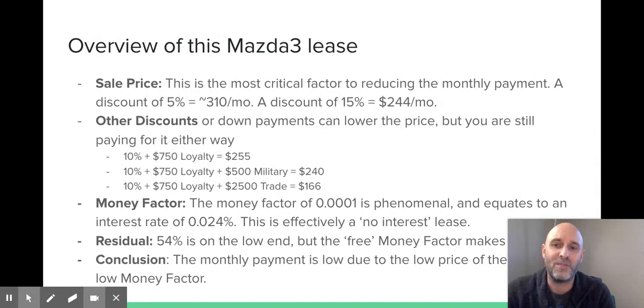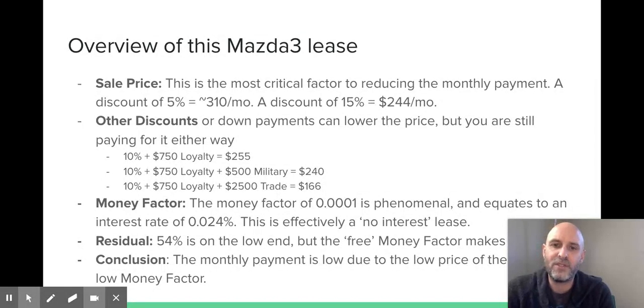So you'll see, on a Civic, 60% residual, 2% interest rate equivalent. On a Tacoma, 75% residual, 5% interest rate equivalent on the money factor. So the manufacturers move those numbers around so that the number ends up equivalent and competitive in the end.